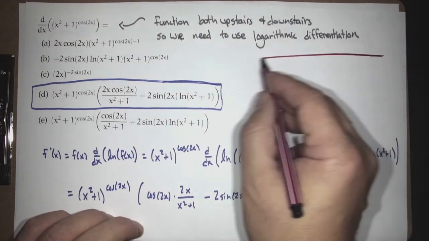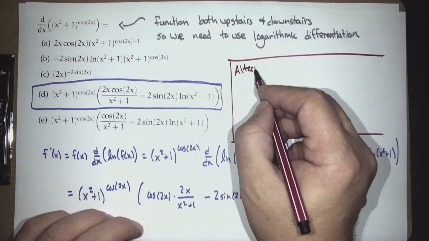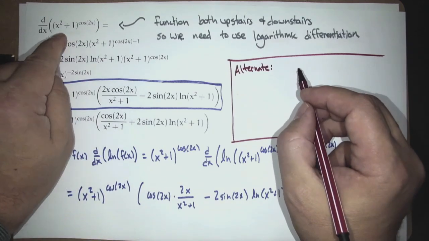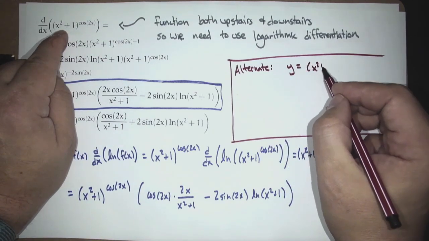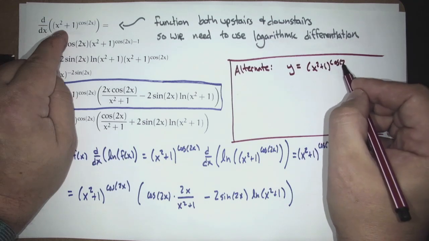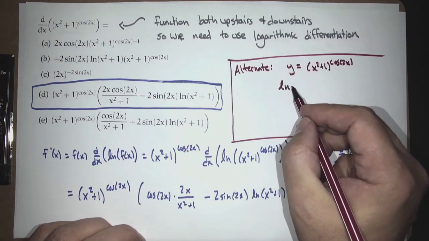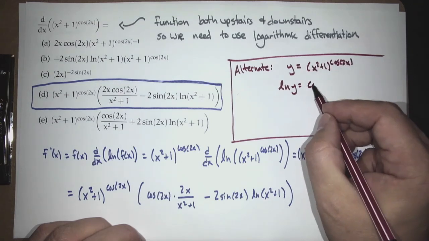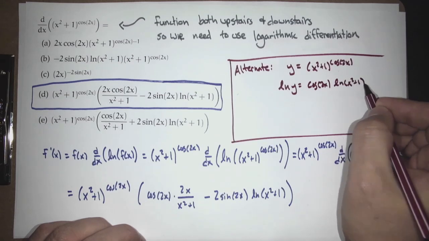Well, the alternate. And it works okay in some cases, and there's issues with it. The alternate is to say, well, set y equal to your function, and then take the log of both sides. Log y equals, I'm going to use properties of log, the cosine is going to come down, log x squared plus 1.